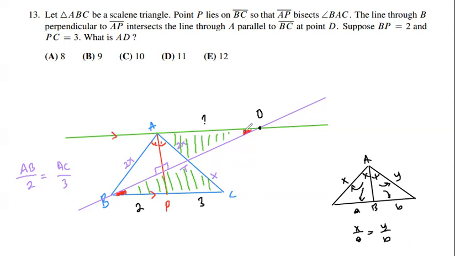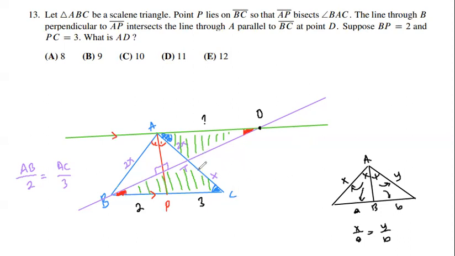So the angle right here is the same as this one, which is alternate interior. With the same reasoning, the angle right here is also the same. So I already have two pairs of equal angles in these triangles. Then this angle and this angle are also equal because they are vertical angles. So they are similar by angle-angle similarity.